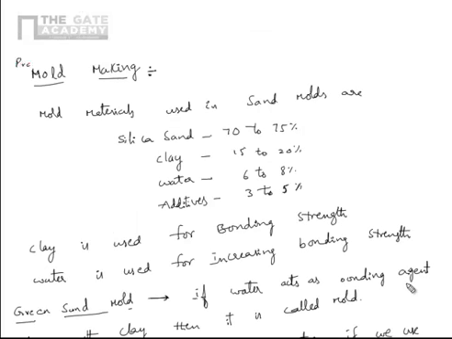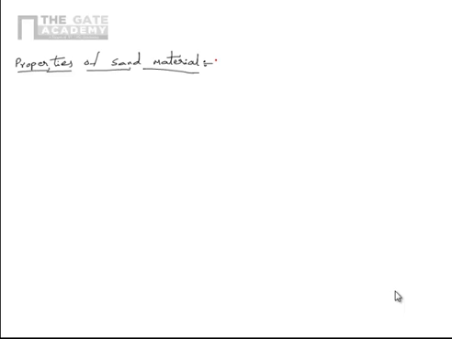Properties of sand material. Sand is a major component, silica sand, so we need to give it more importance. What are the properties of sand material? First one is porosity.